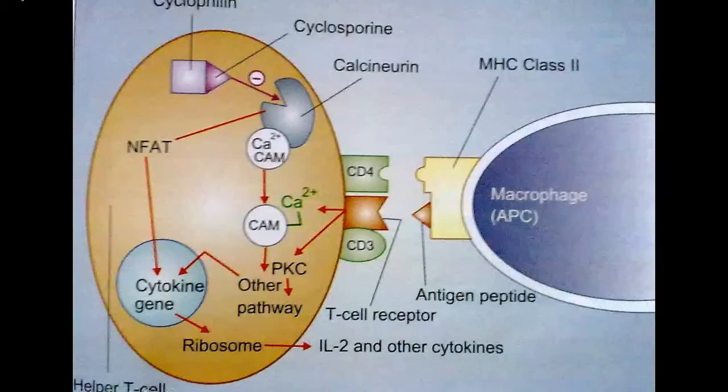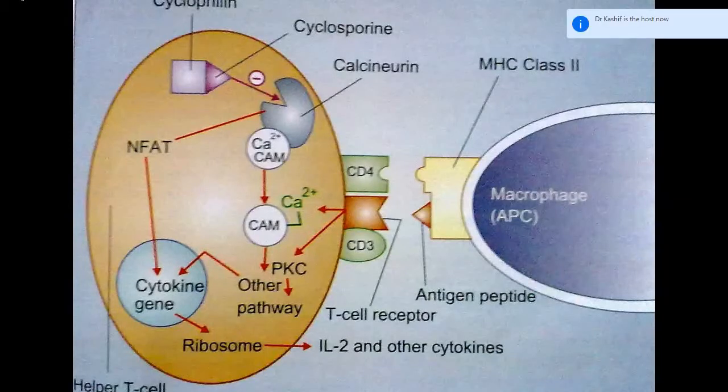Once calcineurin is inhibited, there is no production of interleukin-2, which is our target molecule. So you can remember that cyclosporine is a calcineurin inhibitor, because we also have other drugs that inhibit calcineurin, which is a key molecule to produce interleukin-2.